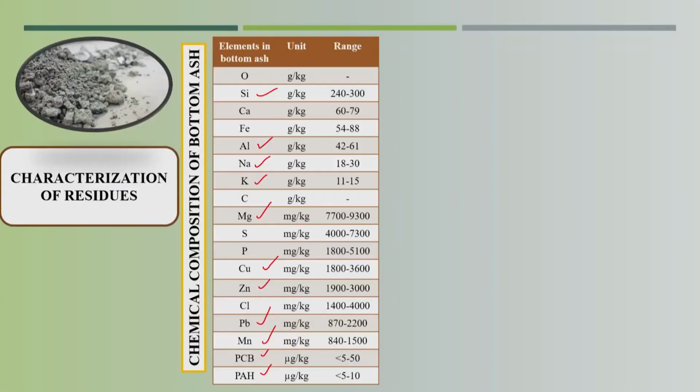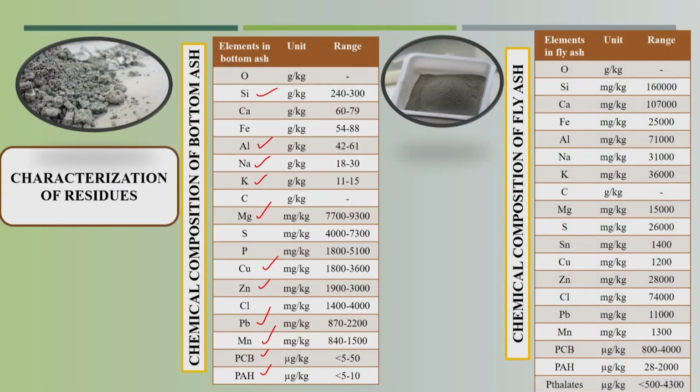So, this is for the bottom ash, and this is another table for the fly ash. In the fly ash also, you see a very large concentration of metals, and if you compare with the bottom ash, the concentrations in the chemical composition are very high.